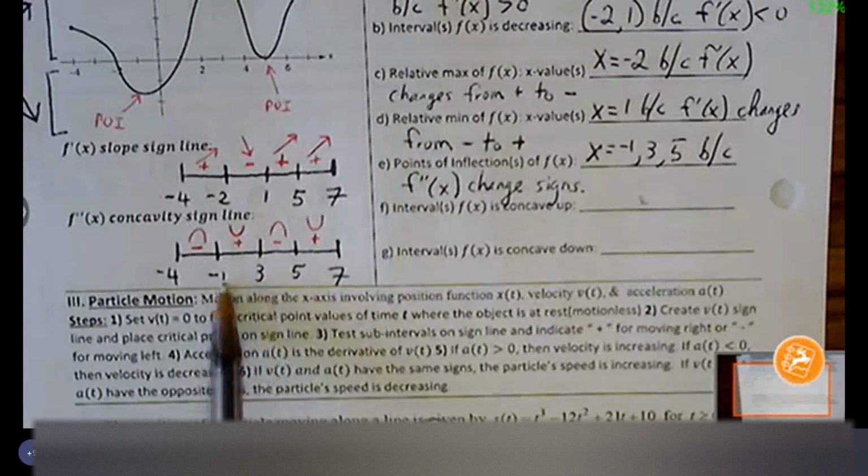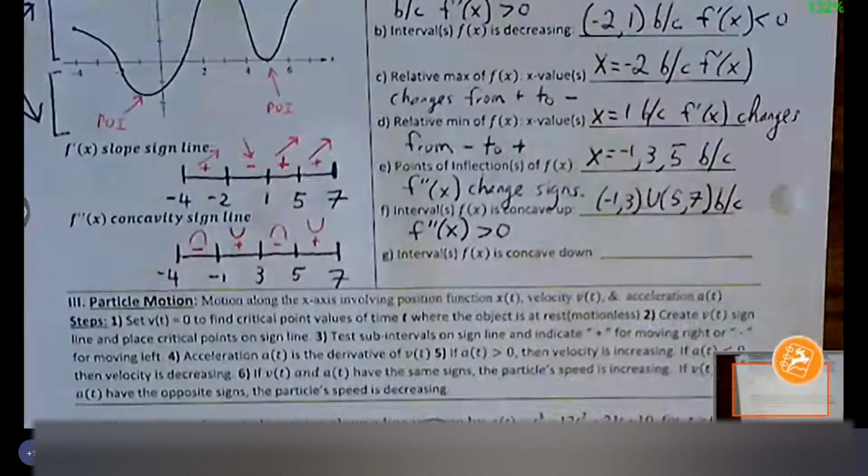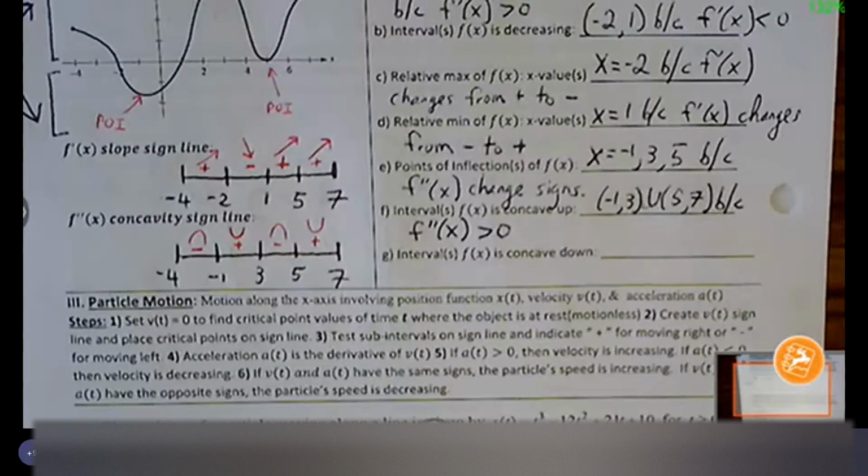We have 2 intervals, right? -1 to 3, and then from 5 to 7. Our reasoning is because f double prime is positive, greater than 0. Concave down. We have 2 intervals of concave down.